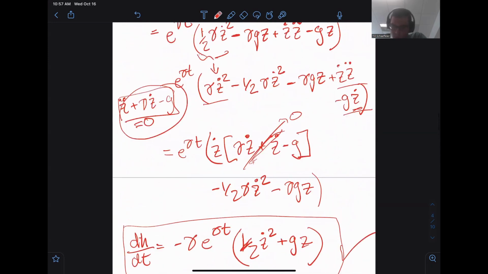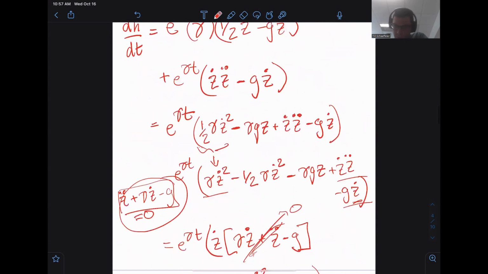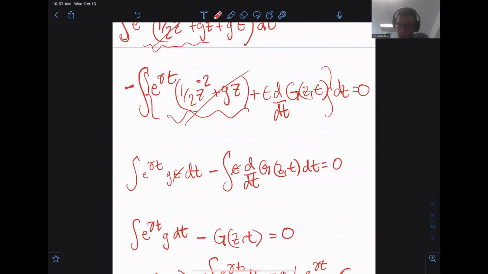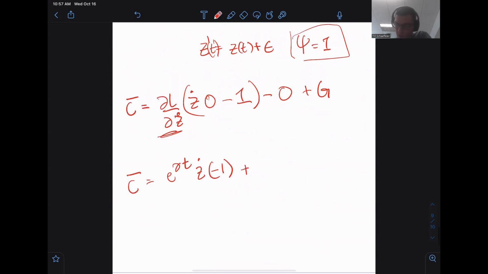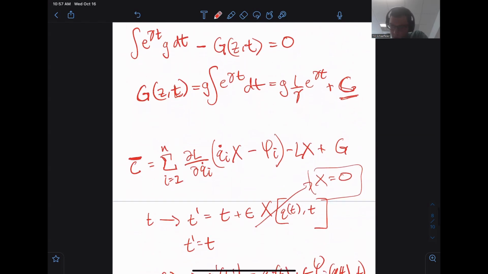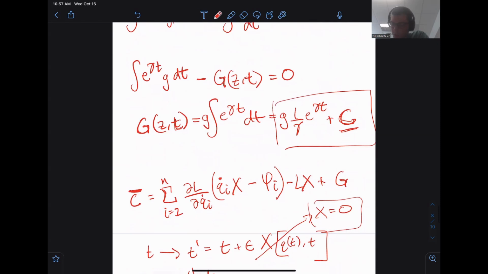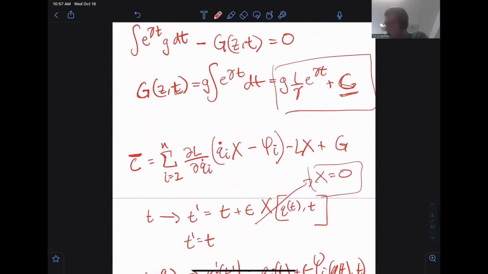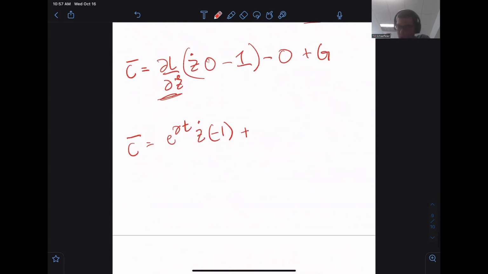Up here, there it is. And then to find what g is, and this is what I was talking about with this constant. So g is equal to little g.